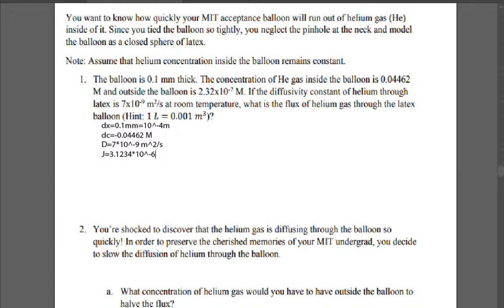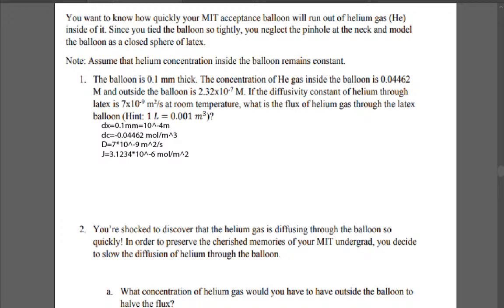Okay, so what is 1 molar? Well, that's moles per volume. That's moles per meter cubed. So the units would be moles per meter squared.